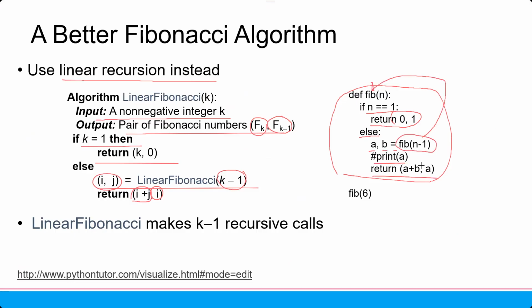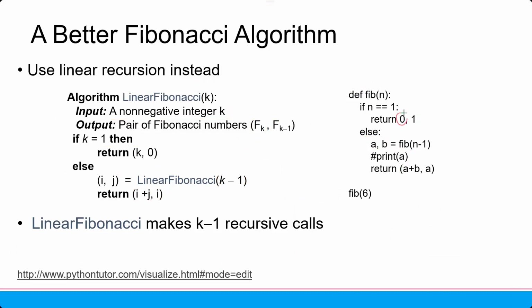The 2 values are a plus b, and also I want to get the previous value, which is a. So you can see here, a is the previous value, and this is the next value. You can check this one in your Python environment. So this is the Fibonacci with recursion, the linear recursion.